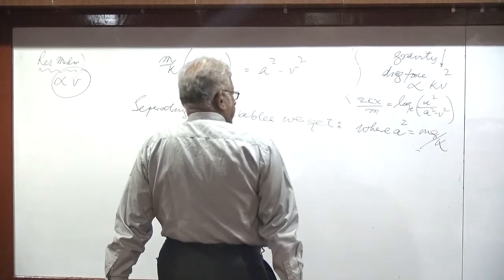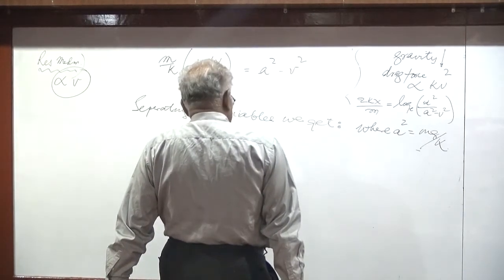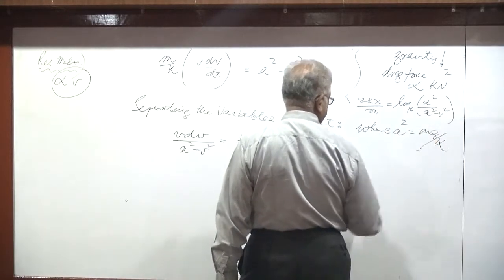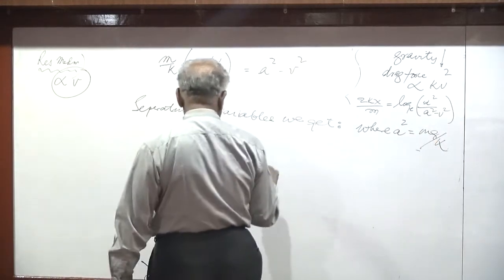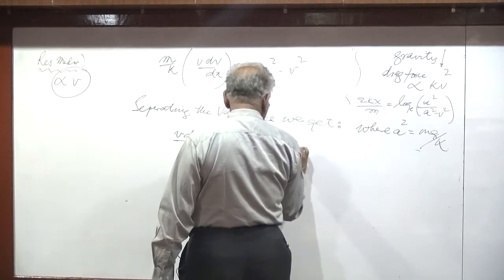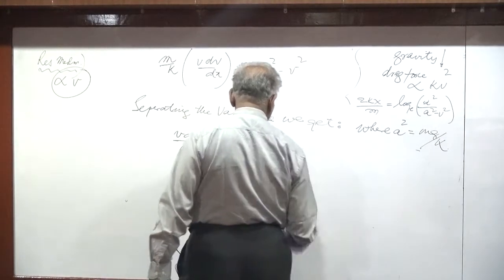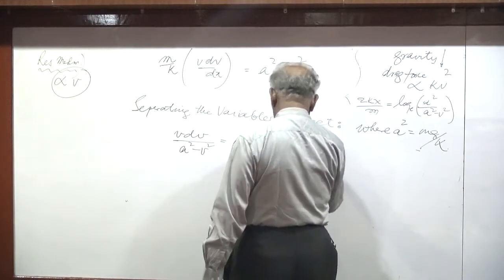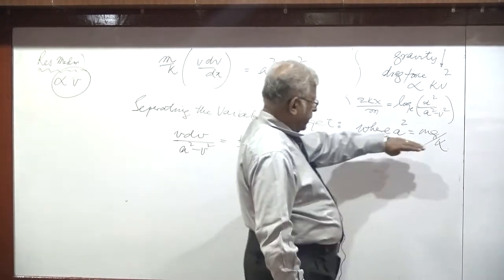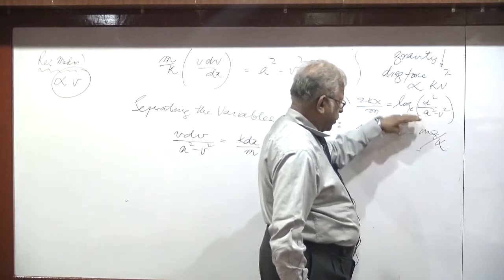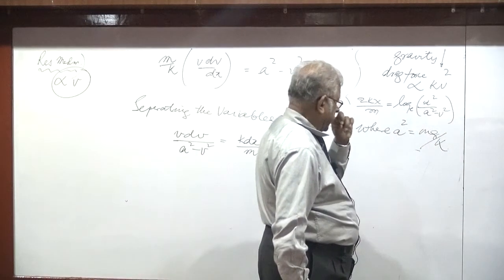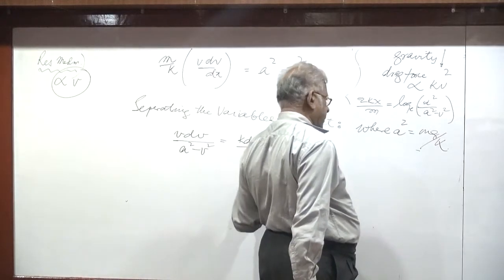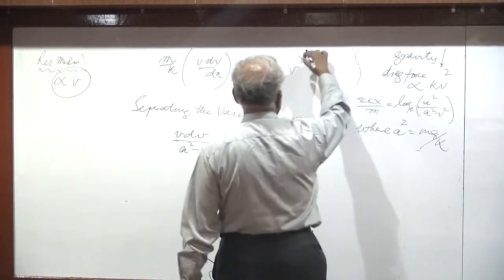Now k over m, if we do this, k over m is g by a square, so g by a square dx. We've done k over mg as 1 by a square, and we had k by m. Simple calculation.